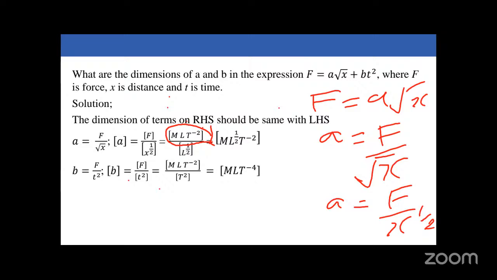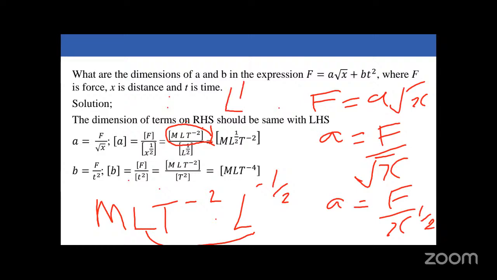So if we rearrange our expression, we'll have MLT raised to minus 2 dot L raised to minus half. So if we take like terms, that will be L raised to 1 minus half. 1 minus half is half.